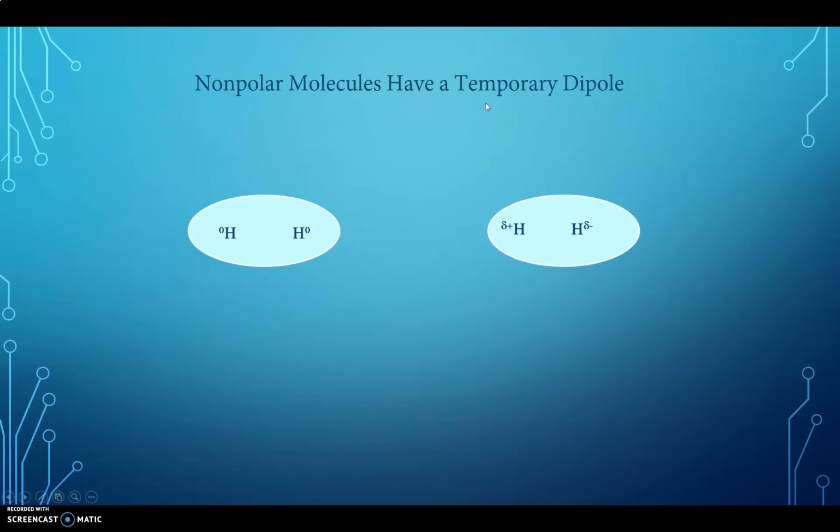So nonpolar molecules have what's known as a temporary dipole. Most of the time, the hydrogen molecule is nonpolar because the electrons are equally distributed. But at some time, we'll find the electrons are off balance here.